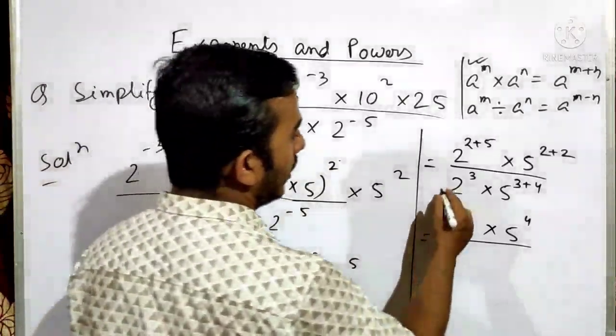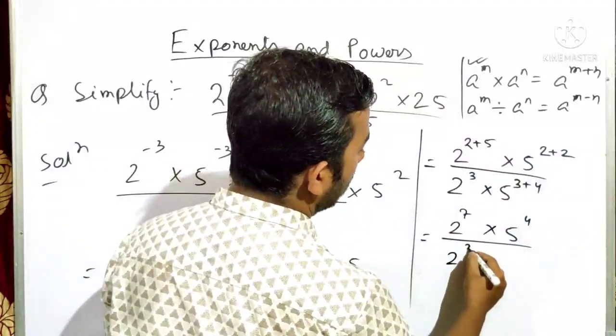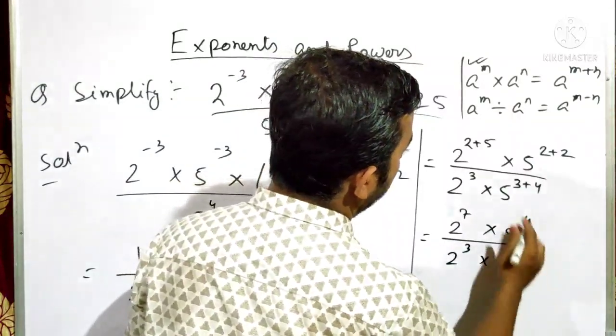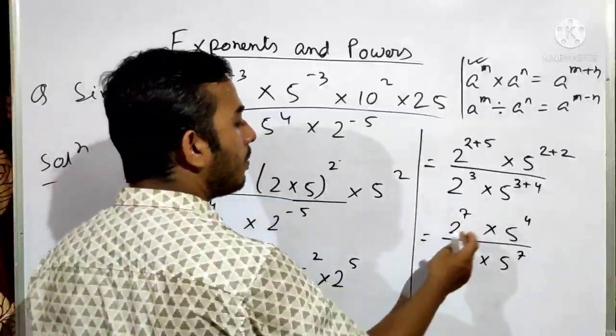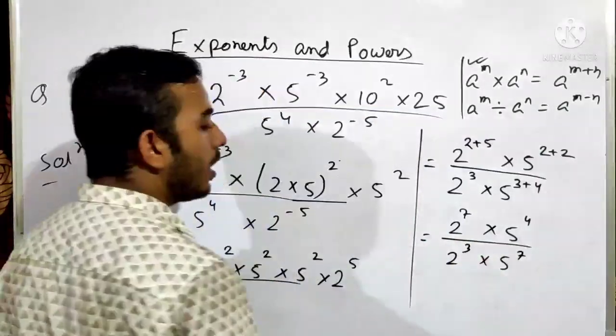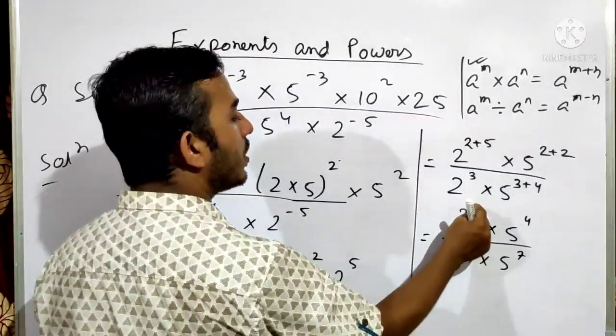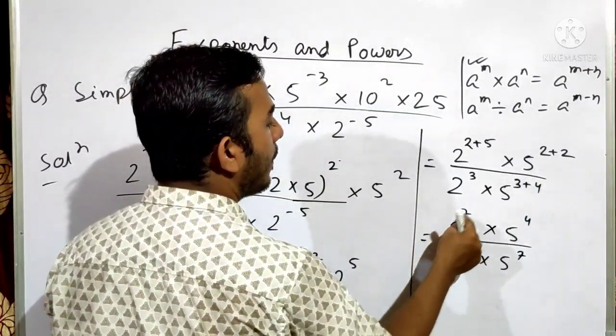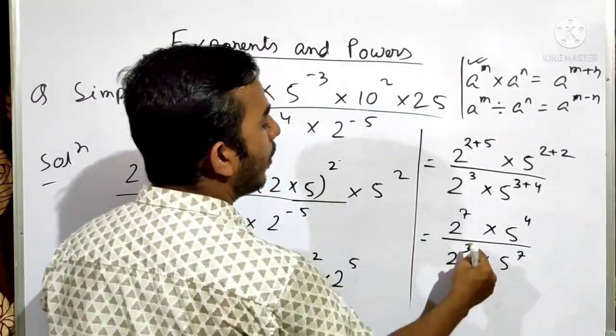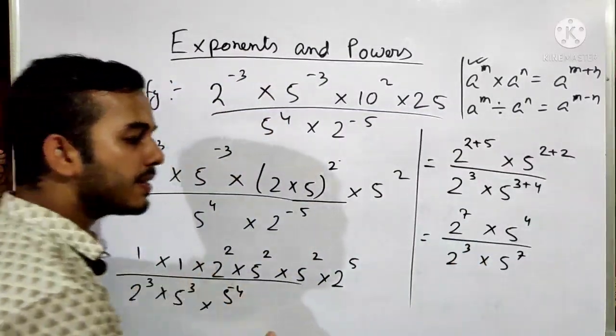Now look, in the denominator we have 2 power 3 into 5 power 3 plus 4, which is how much? 7. Okay, now a power m divided by a power n. This one is a, this one is m, this one is a, this one is n. So a power m divided by a power n is a power m minus n, isn't it?